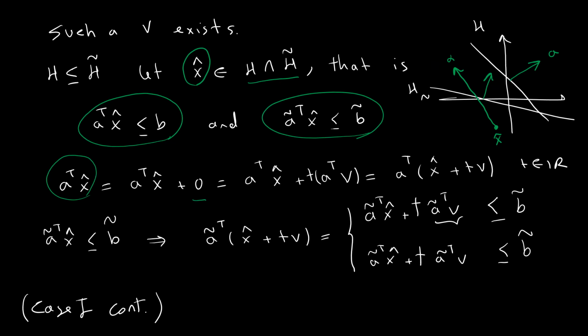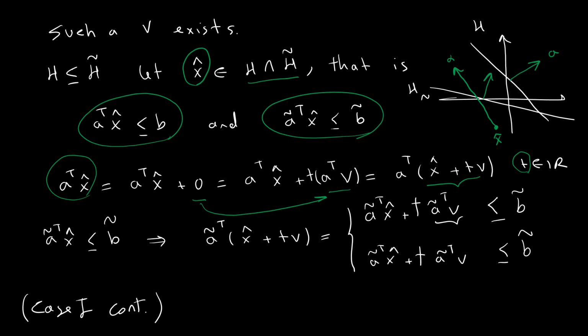Because I know that V is perpendicular to A, I can place A transpose V in place of 0 to get the second equation, and now I can factor out A transpose to get this point for any t in R.